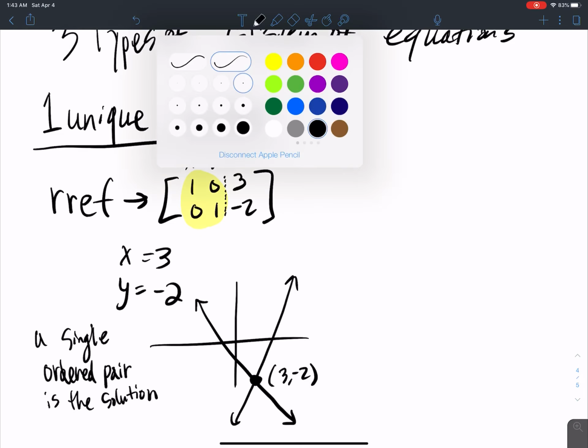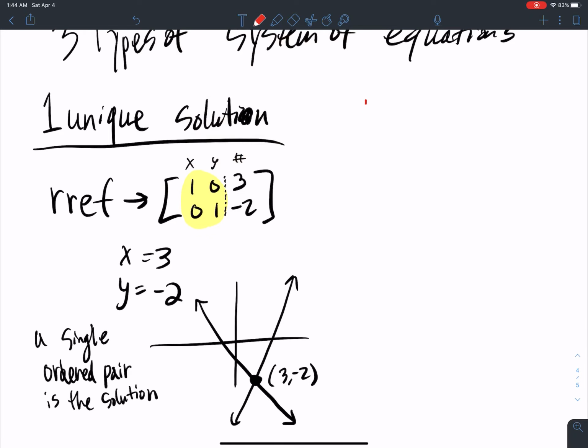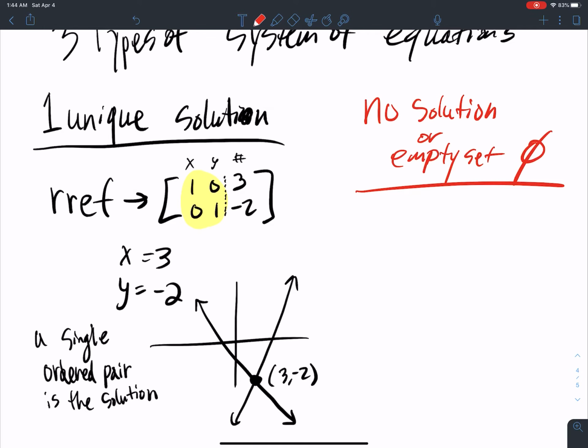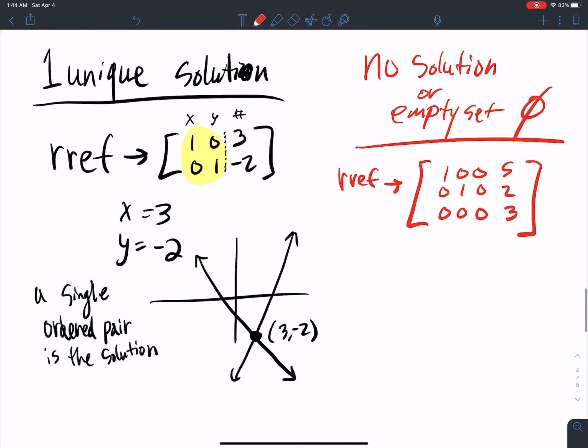Now, a situation where you might have no solution, or the empty set. Okay, what is this? This would be like you do an RREF, and then you get something like 1 0 0 5, 0 1 0 2, 0 0 0 3. Why is this an empty set and no solution?